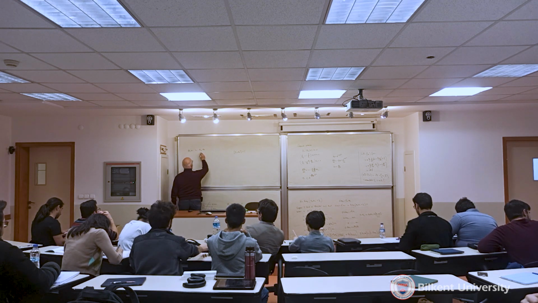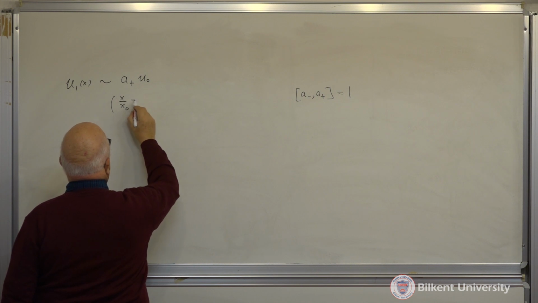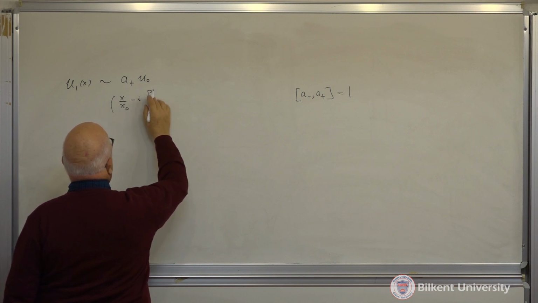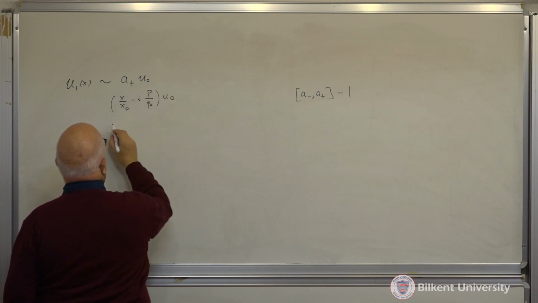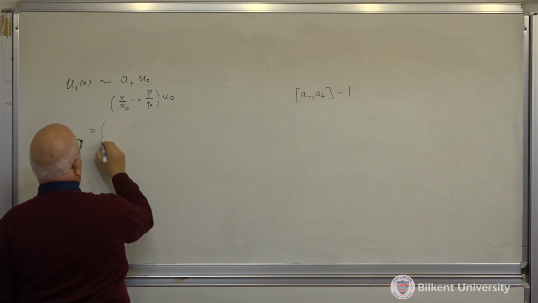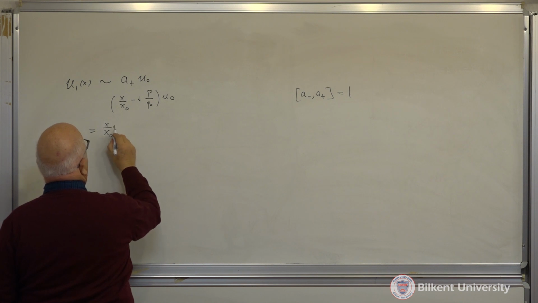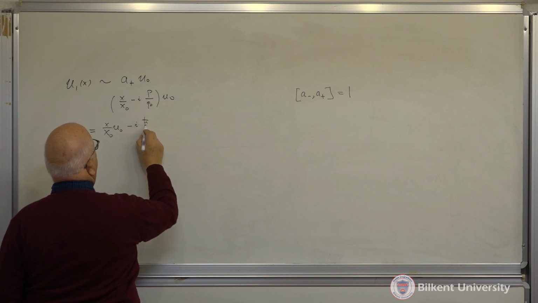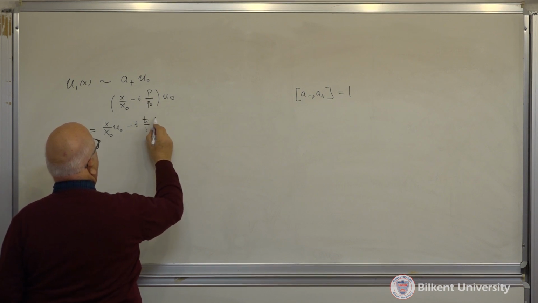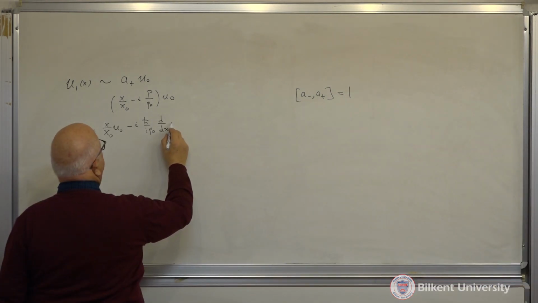Okay, so a plus times u0 is going to be x over x0 minus i p over p0 times u0, which will be equal to x over x0 u0 minus i, where p is h bar over i d dx, over p0, u0.